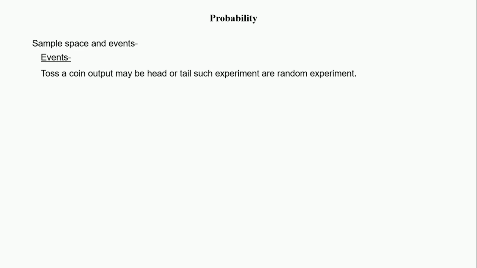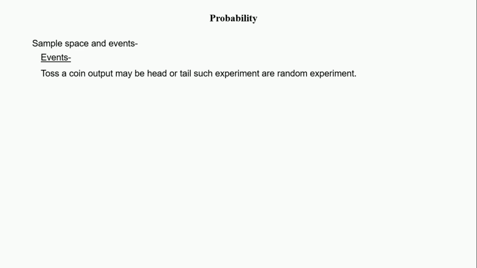Now coming to the basics of probability, we first need to understand two things: what is sample space and what are events. Let's take an example. Toss a coin, output may be head or tail. Such experiments are random experiments. When we are tossing the coin, we know there are only two possible outcomes that can come, either head or tail.